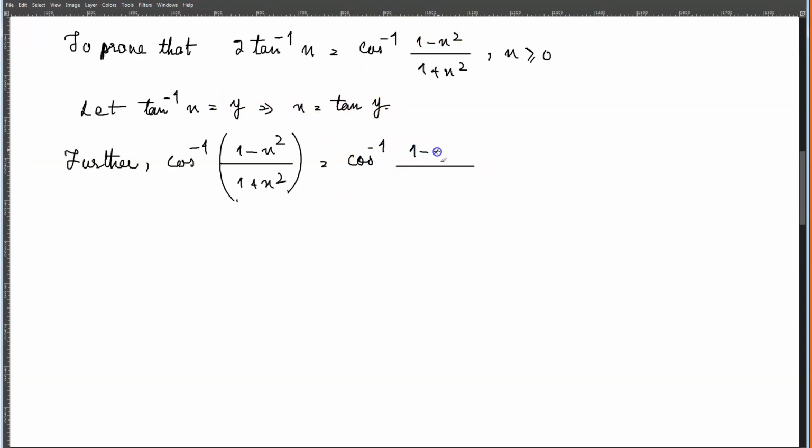So you have 1 minus tan squared of y over 1 plus tan squared of y.